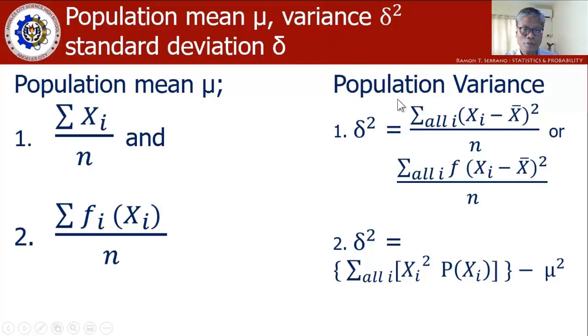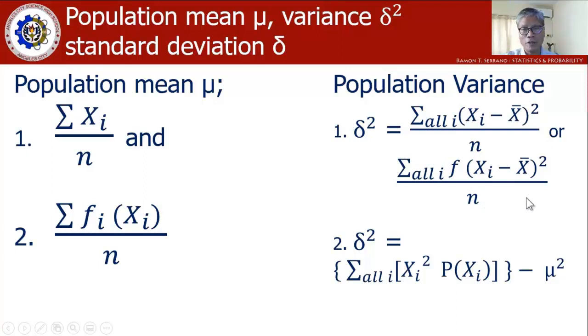If you notice, we have already done an exercise on this population mean, which is the summation of xi over n, or the summation of the frequency of each xi multiplied by the xi divided by n. And the population variance is equal to the square of the differences divided by n, or the frequency multiplied by the difference squared, summed up, divided by n.